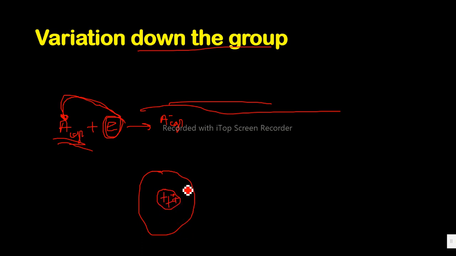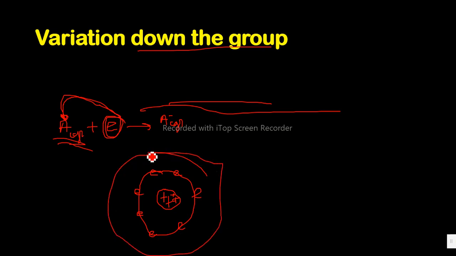The number of negative charges, the electrons that surround the nucleus, bring about the shielding or screening effect. Since all these electrons are negatively charged, the innermost electrons shield, screen, and repel the outermost electrons from being attracted to the nucleus.